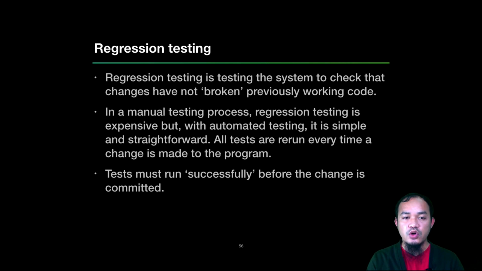When you upload your code, it tests everything by itself, which reduces a lot of errors and unpredictable defects. Tests must run successfully before the change is committed, so before you commit a new feature, the tests must run successfully.